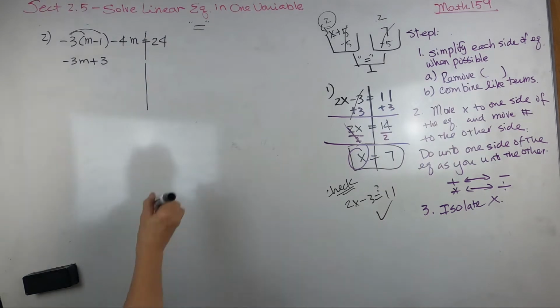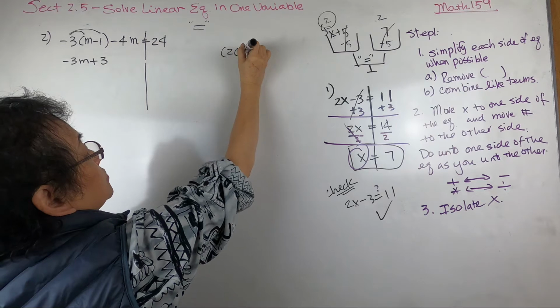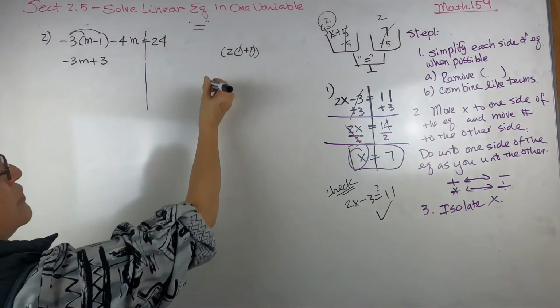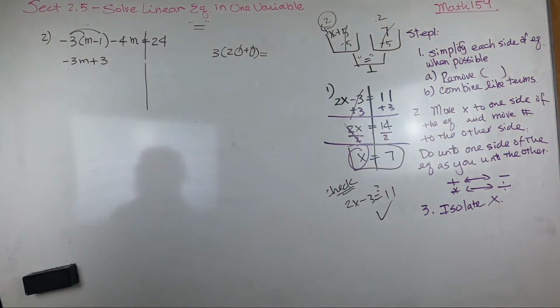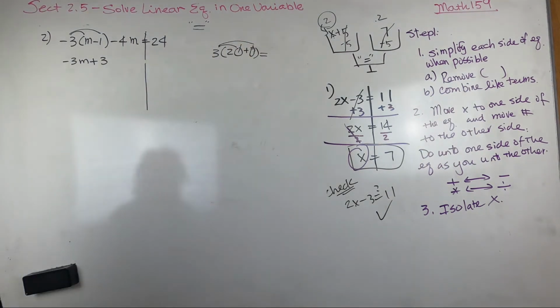When you apply to a group, if you have 2 apples plus a pear, okay, then if you have 3 bags of them, what do you have in total? How many apples do you have? How many pears do you have? You have to distribute your number, right?